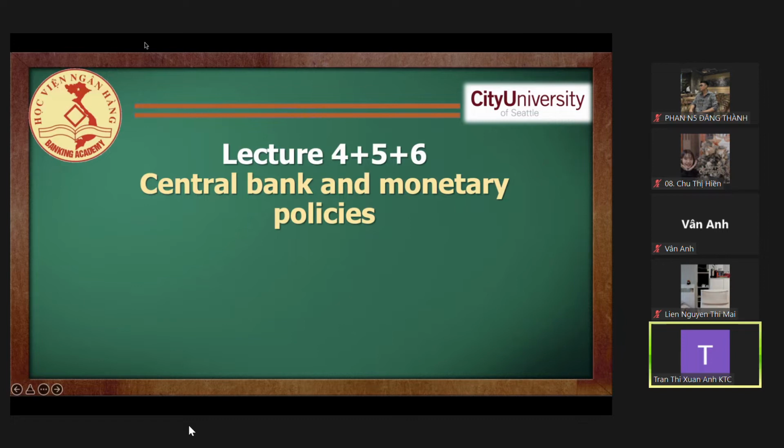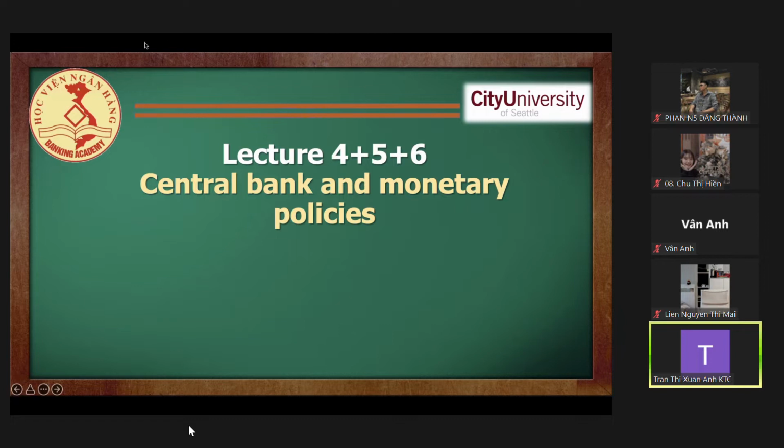In the other part, we are concerned with monetary policies. That is one of the instruments the central bank uses to obtain macro objectives, including inflation or growth of GDP.